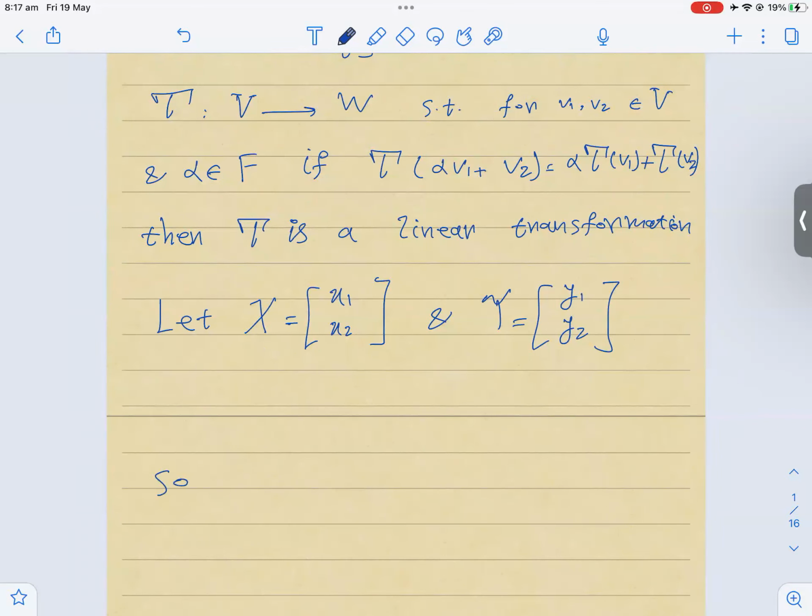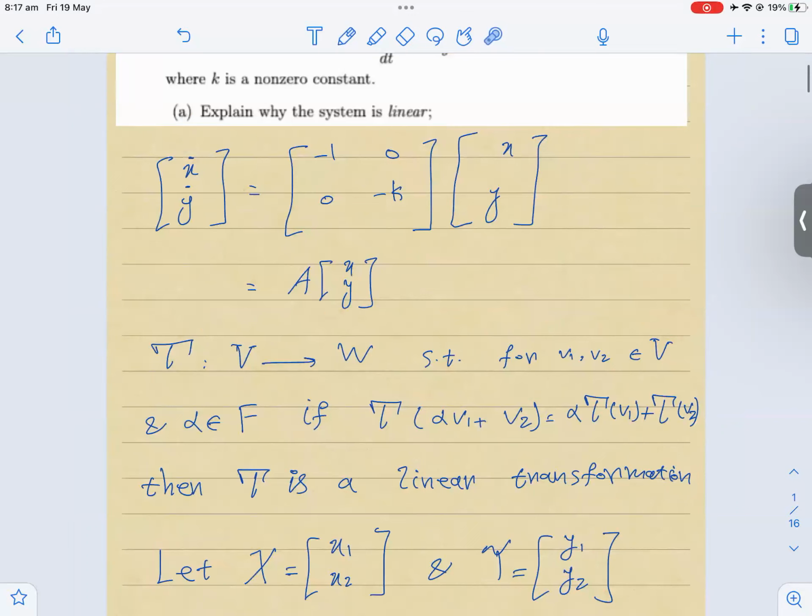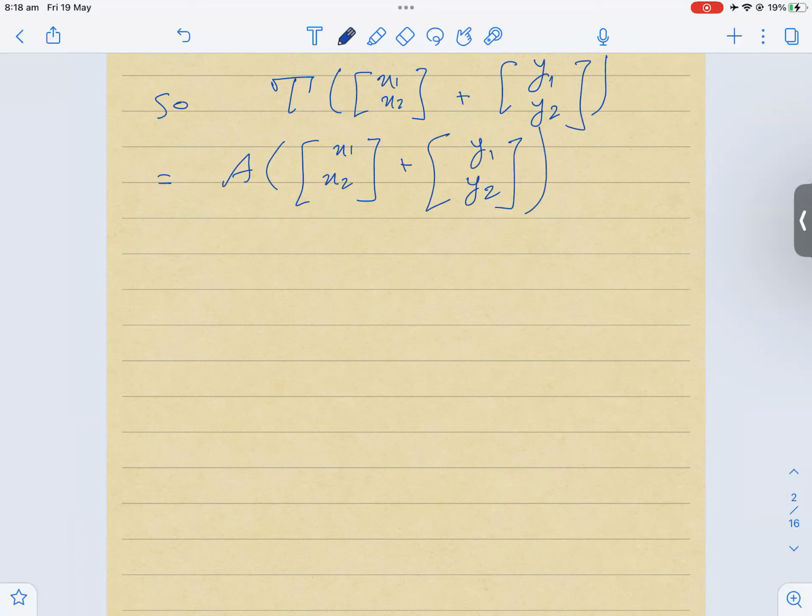We see that T of (x1, x2) plus (y1, y2) is equal to A, this matrix, times the sum of the vectors. Oh, yeah, sorry. Thank you. So, okay.